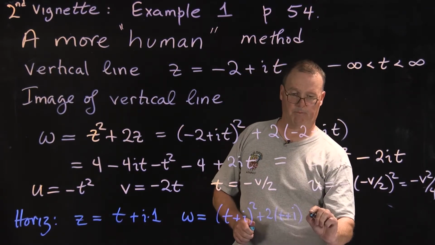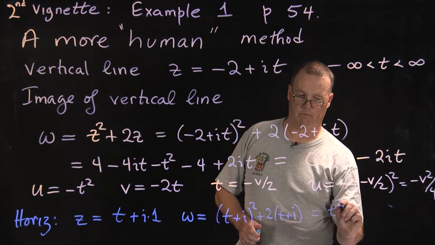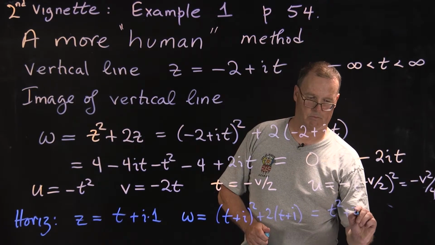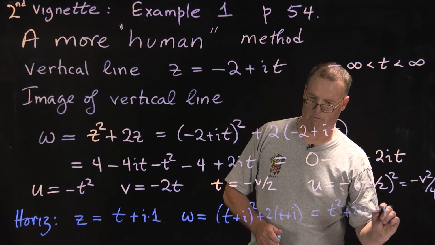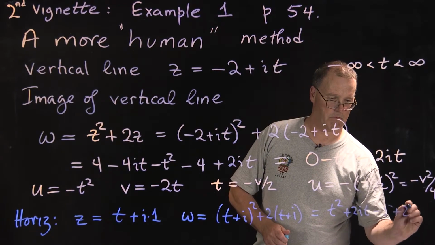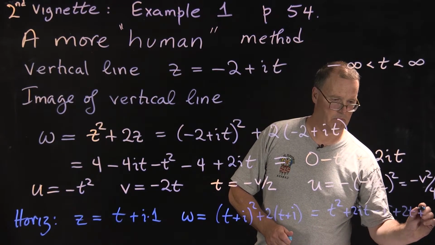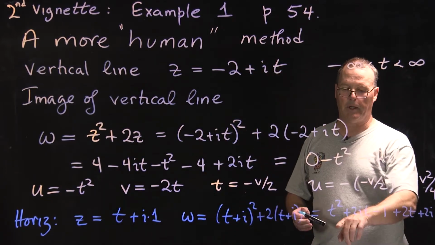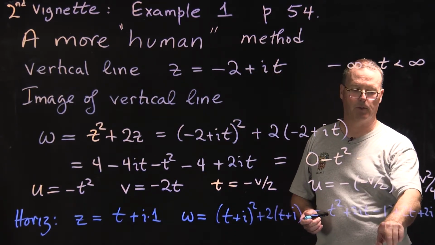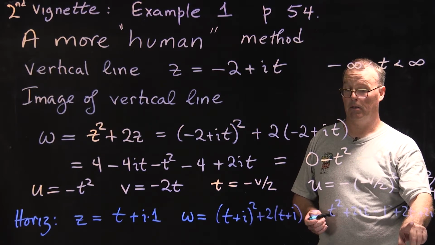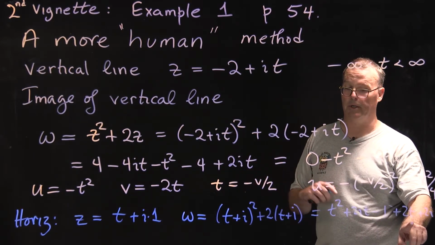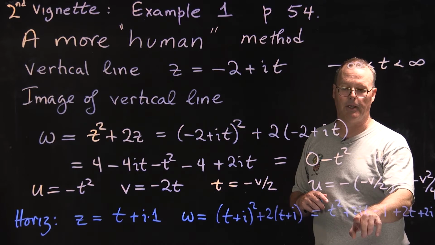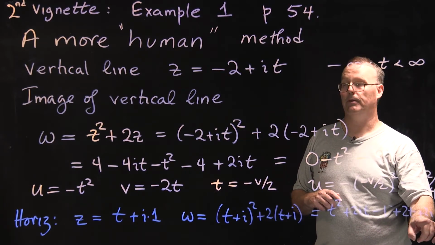And we get, so now we get u is t squared minus 1 plus 2t. So that's u is quadratic in t, and v is 2t plus 2.